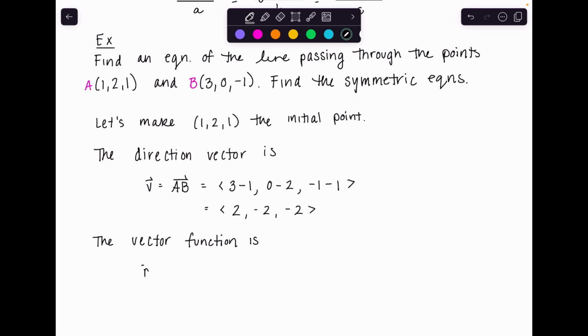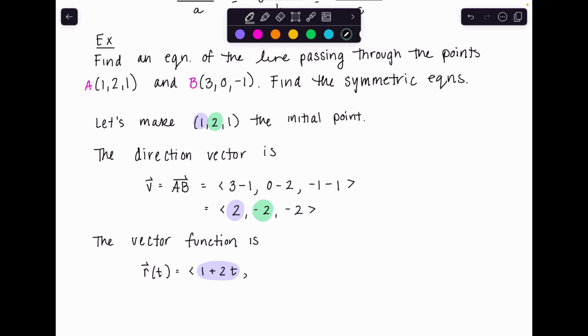So we have our vector function r of t, and it's going to have 3 components. So in that first component, it is the initial point plus the direction we're heading in the x. So here it's the initial point plus the slope in the x direction times t. Okay. Then for our second component, it deals with 2 and -2.